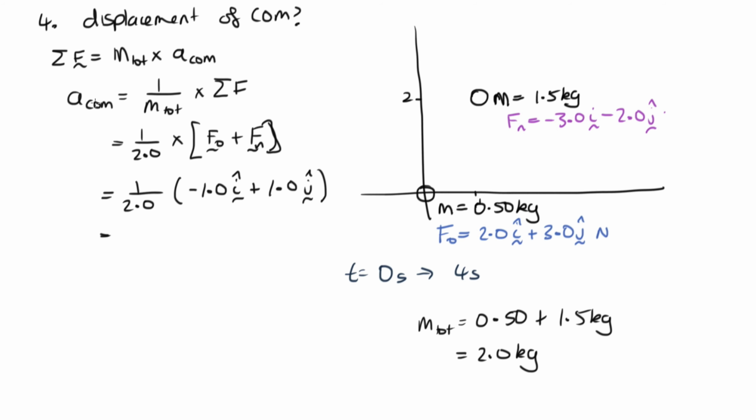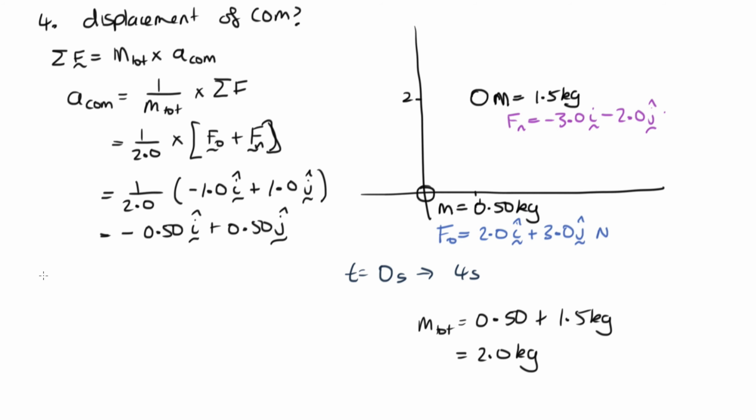So the acceleration of the center of mass is equal to minus 0.50i plus 0.50j. Okay, so now I've got the acceleration, the constant forces, so it's a constant acceleration.